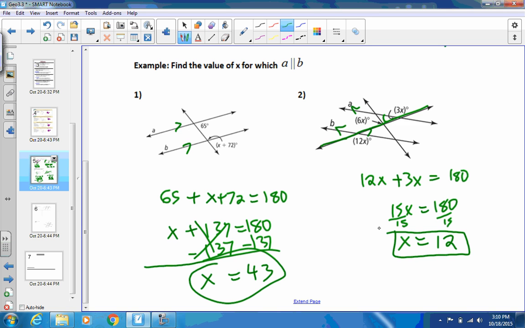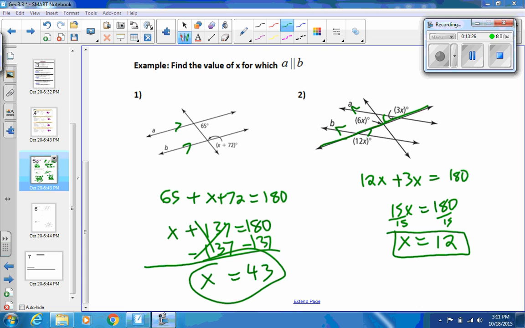I'm not going to check that, but I'm pretty sure it's 12. And I'm not sure about the 6x. We wouldn't necessarily need to prove anything there. So we'll just leave it at that. X is equal to 12 because we know those two angles would be supplementary.